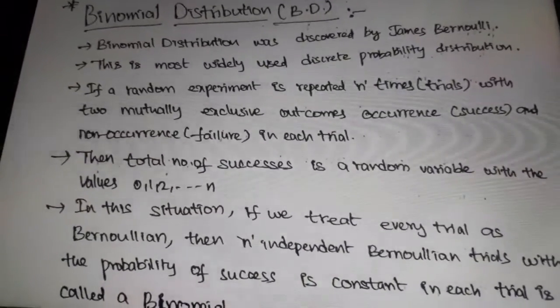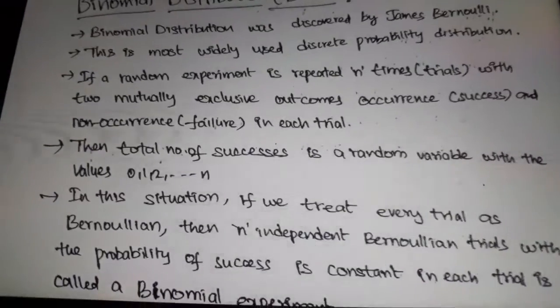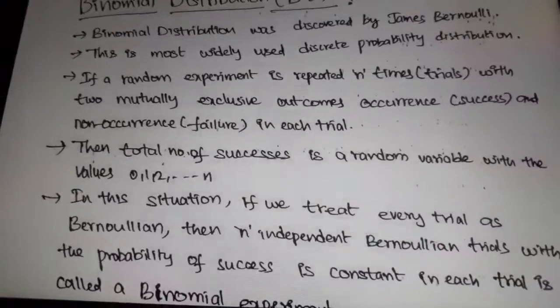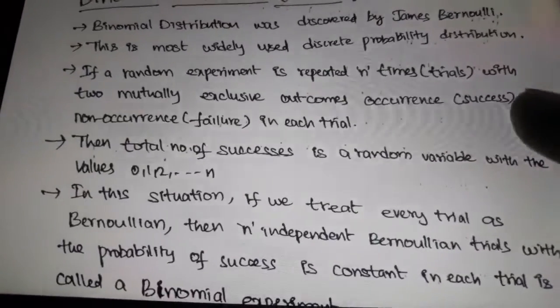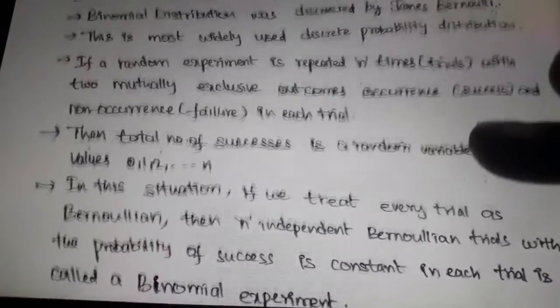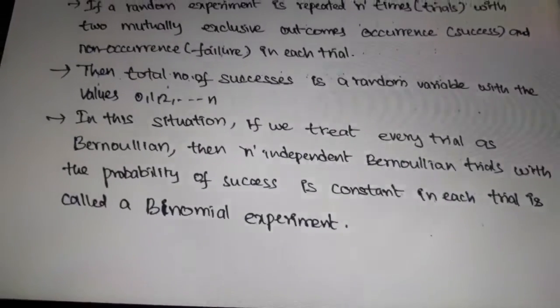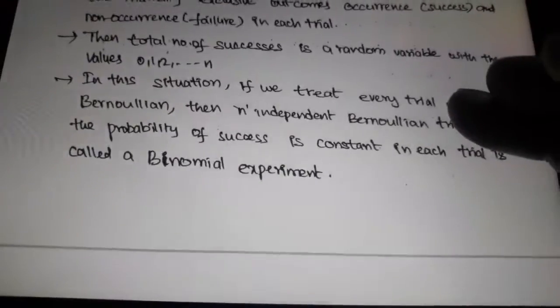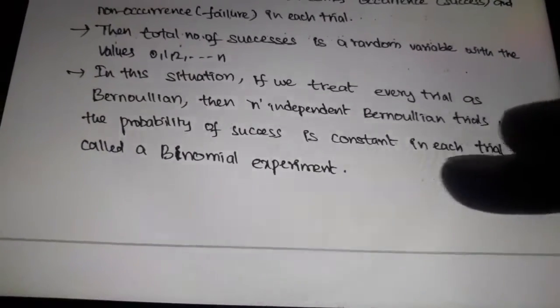So the total number of successes is a random variable with the values 0, 1, 2 and so on up to n. In this situation, if we treat every trial as Bernoullian, then n independent Bernoullian trials with the probability of success constant in each trial is called a binomial experiment.